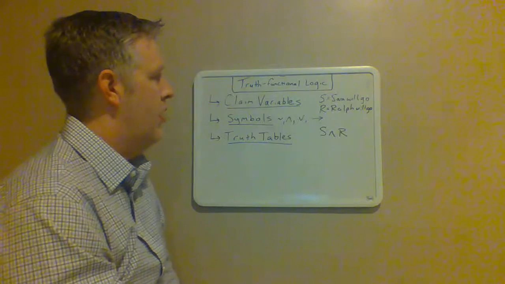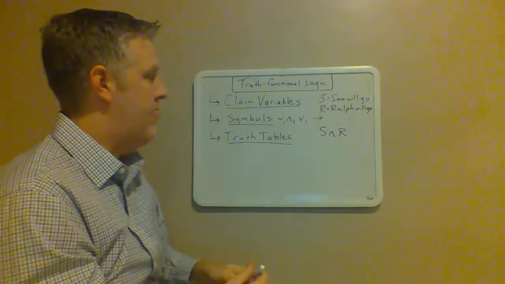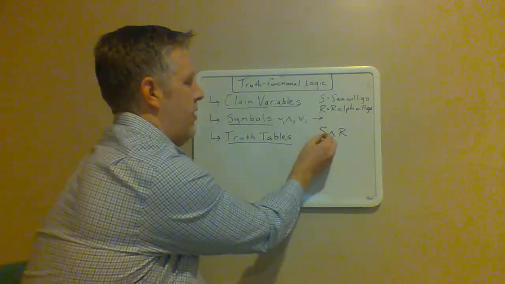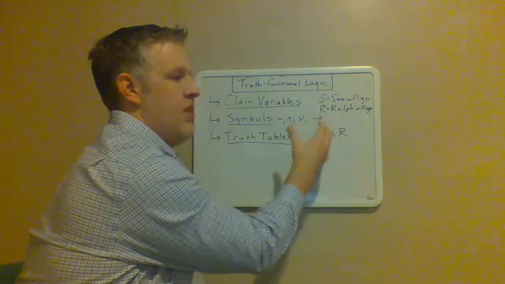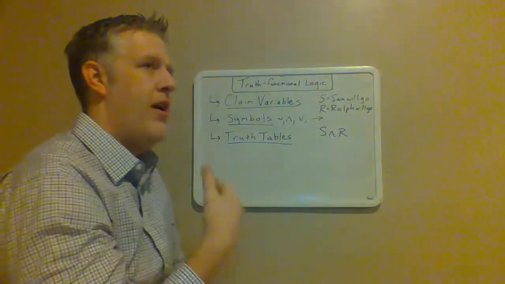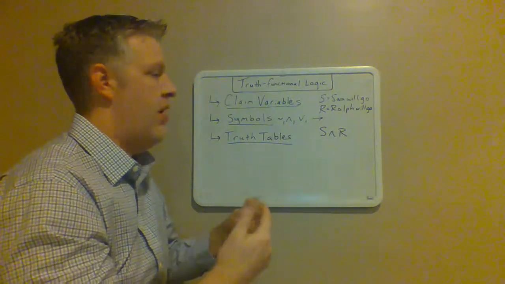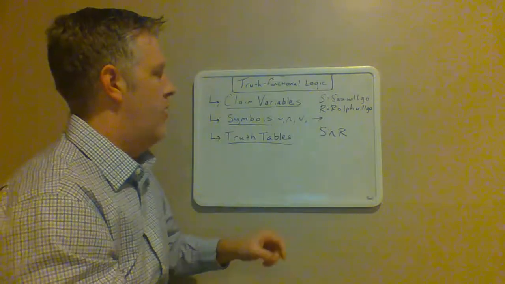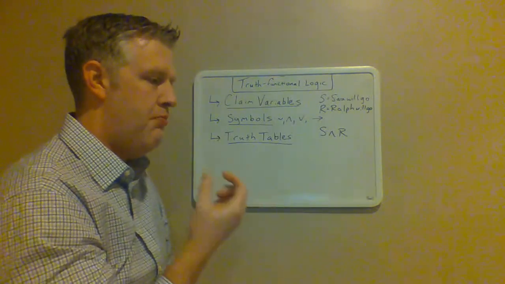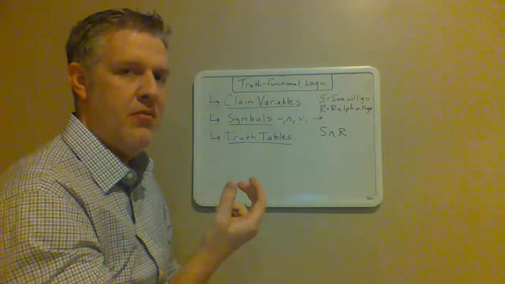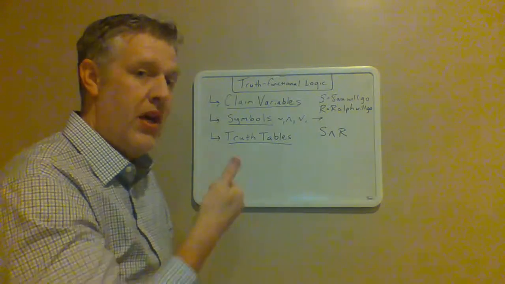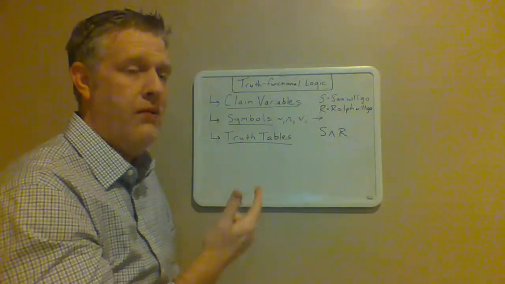What are claim variables? They're capital letters that stand for basic claims within what's being said. So the thing I mentioned was, Sarah and Ralph will go. So there's actually two basic claims implicit in what's being said there. One, Sarah will go, and two, Ralph will go.